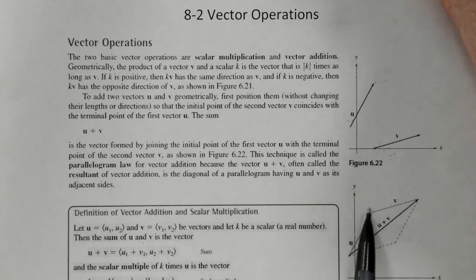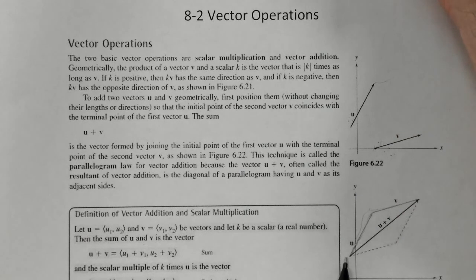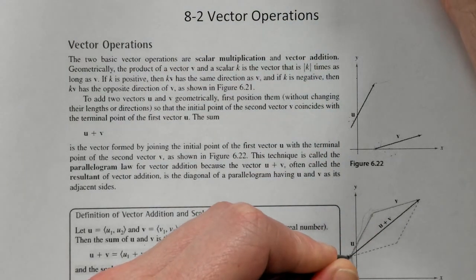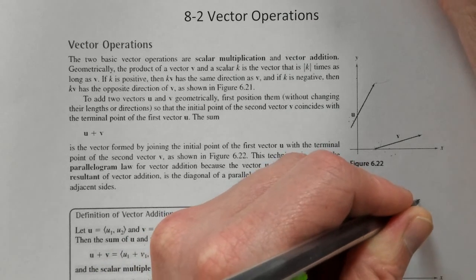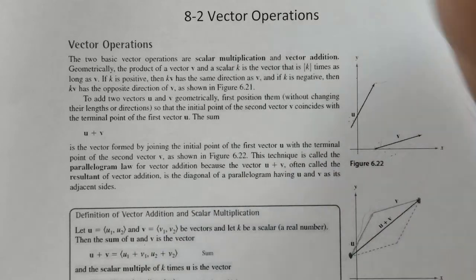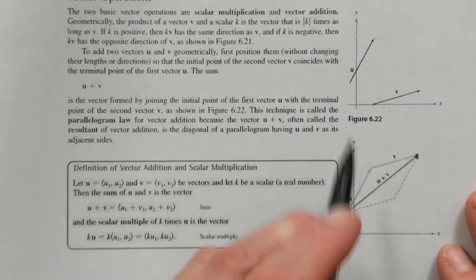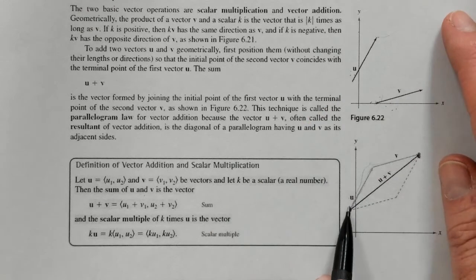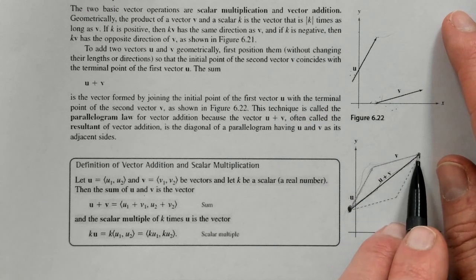Then the resultant vector, u plus v, is the vector whose initial point is the initial point of the first vector and whose terminal point is the terminal point of the second vector. So if I put the vectors end to end, the resultant is the straight vector from the beginning to the end of the other one.